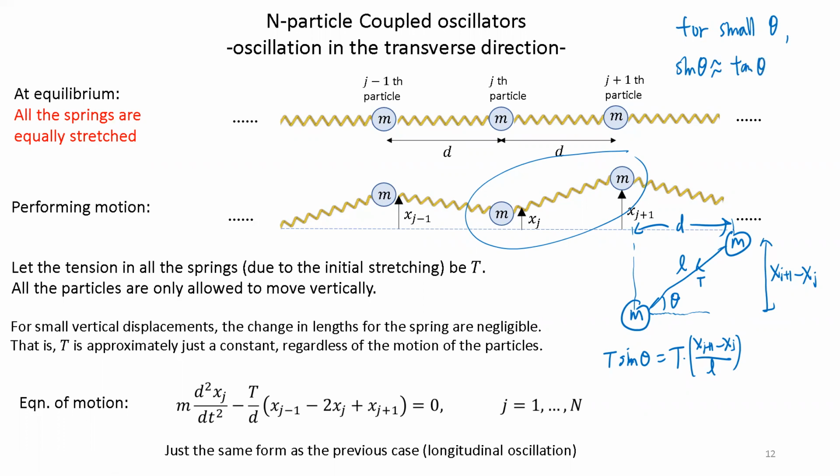And what is tangent of theta? Tangent of theta is (x_{j+1} minus x_j) divided by d. So that's approximately equal to T divided by d times the difference of the two displacements, like this.